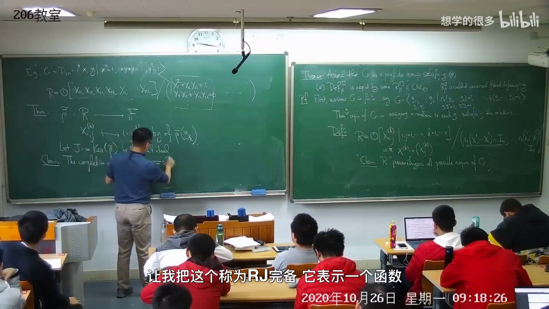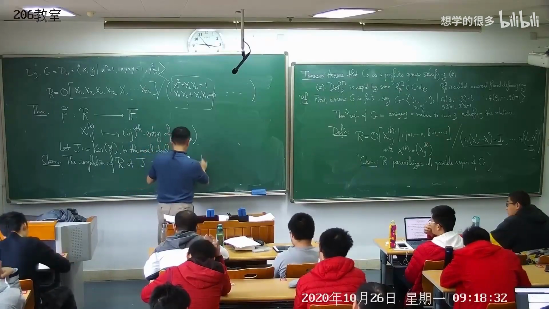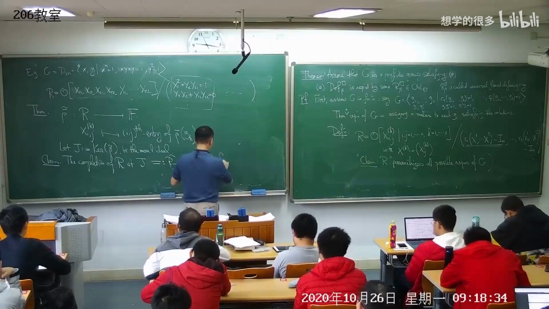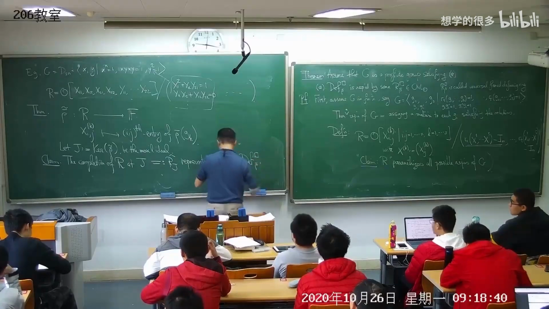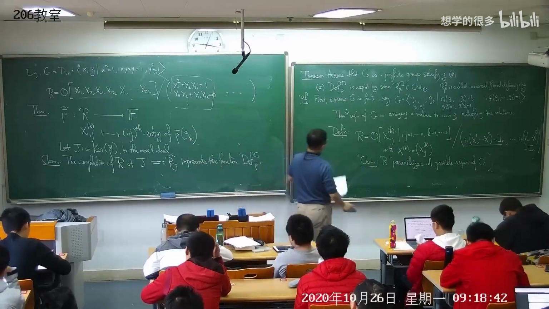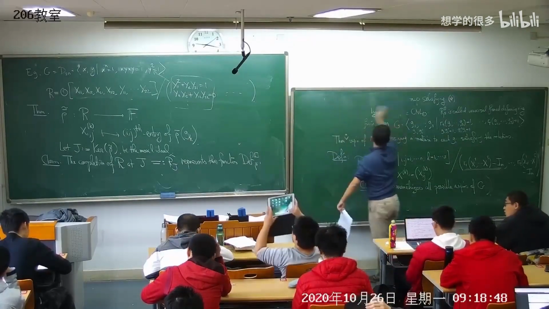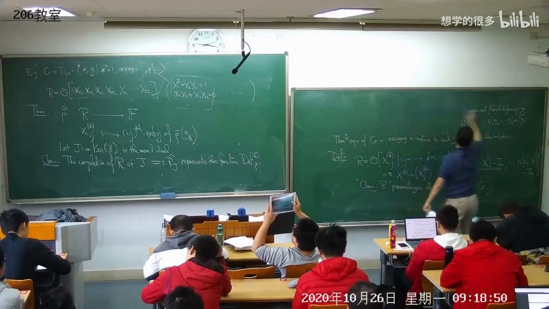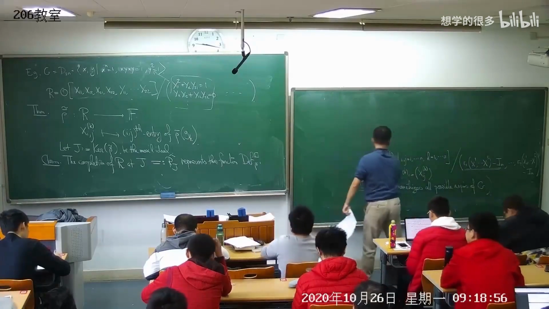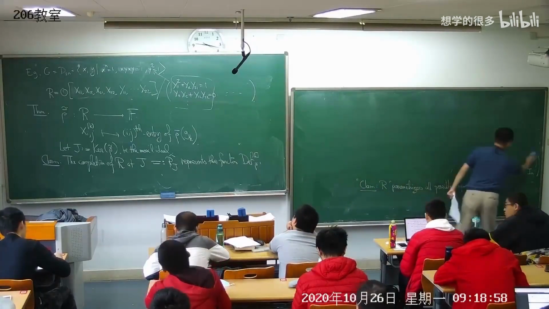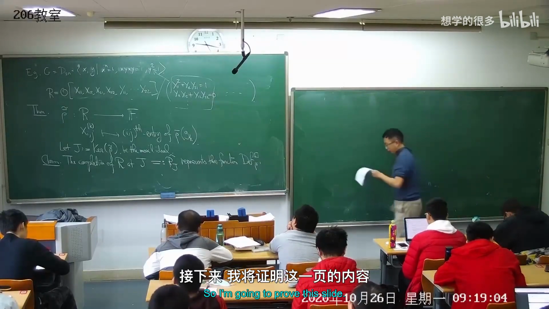Let me call this completion R_J hat, and it represents the functor. So I'm going to prove this claim.